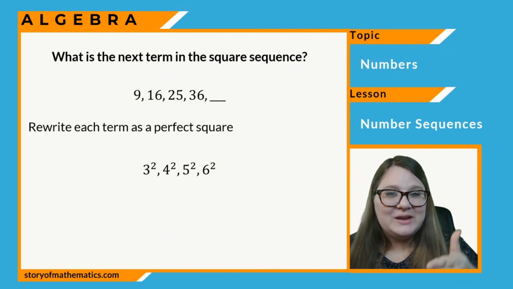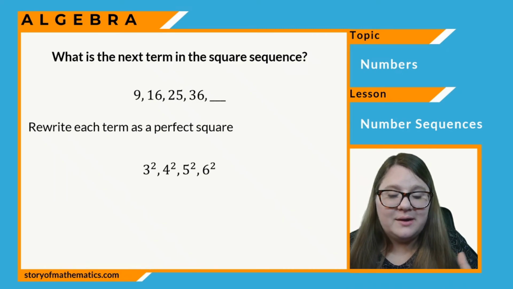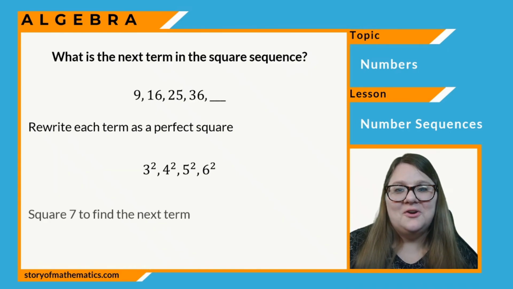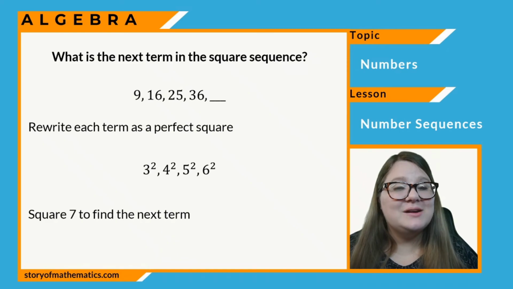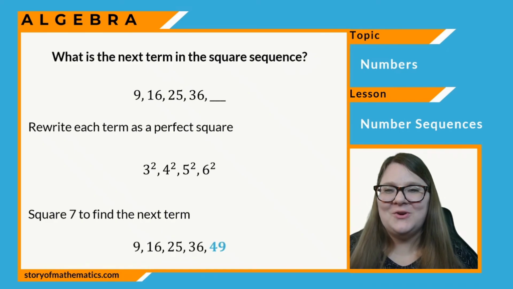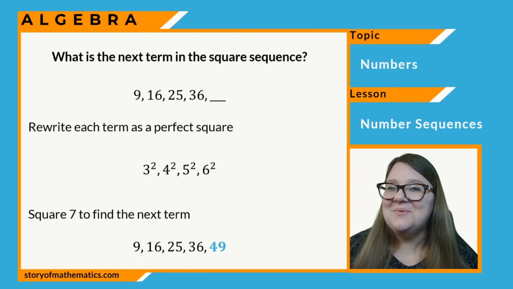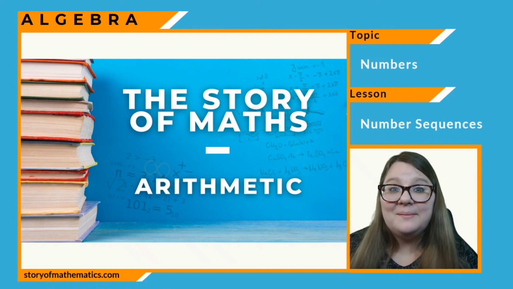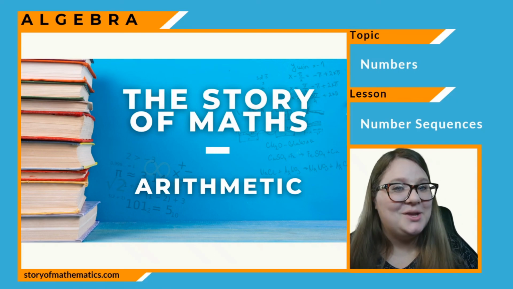So notice I have 3 squared, 4 squared, 5 squared, 6 squared. What's the next larger number that I need to square? Well, that's going to be 7. So I square 7 to find the next term. 7 squared is 49. And that is how you work with your square sequences. I hope that was a good introduction to the three main types of number sequences you will see.